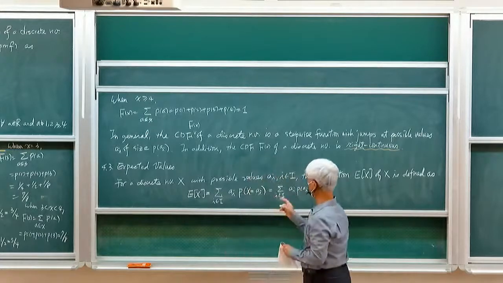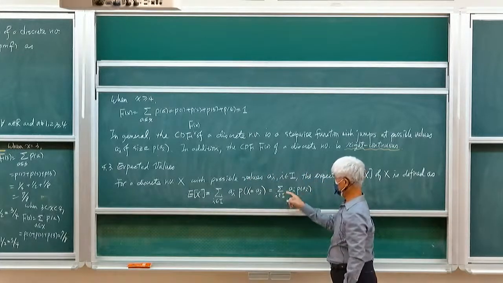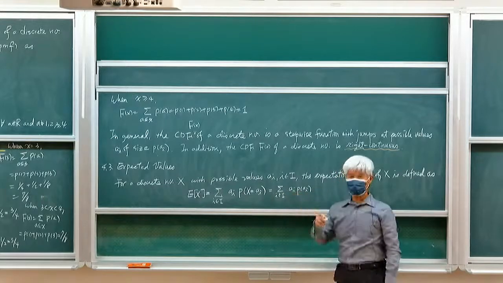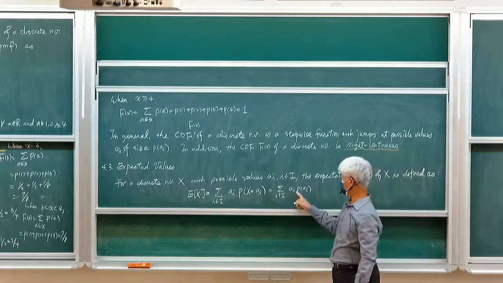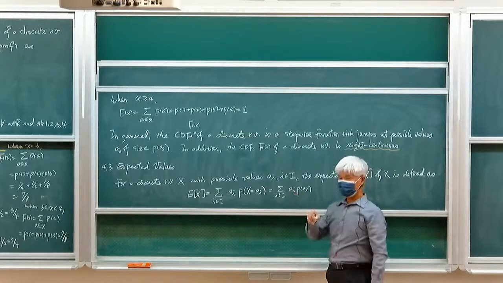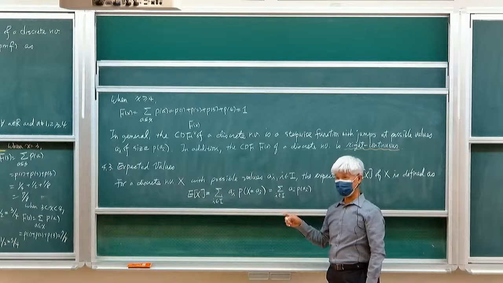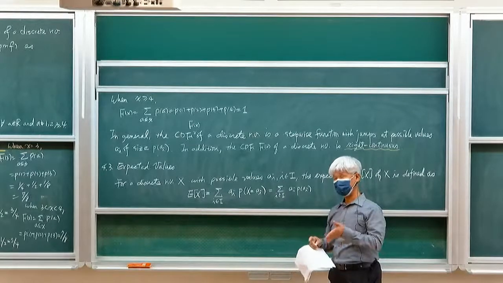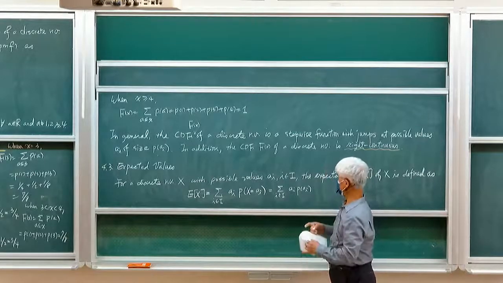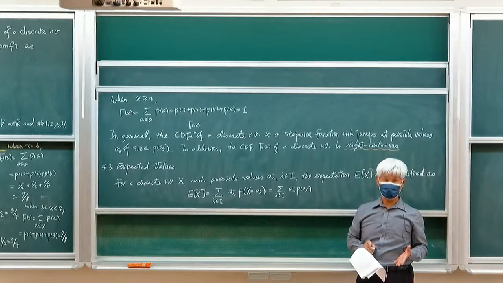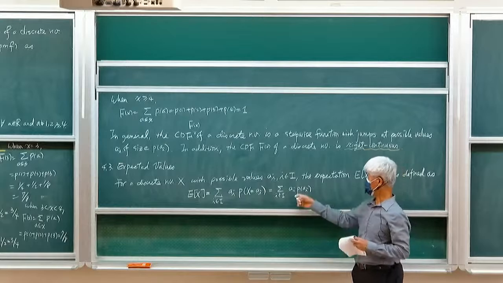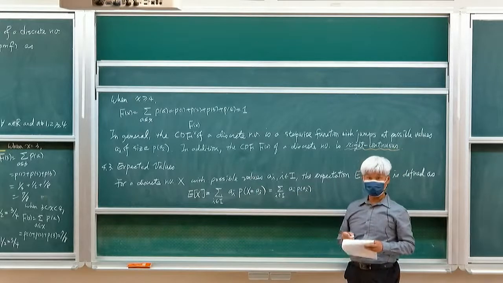All right, and if the index set is countably infinite, for example, if we have countably infinitely many possible values like a1, a2, a3, a4, etc., this sum becomes a series sum. And when it is a series sum, you have to investigate whether the sum converges or not.